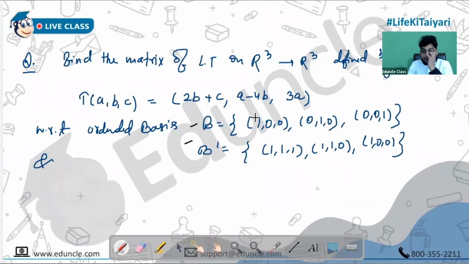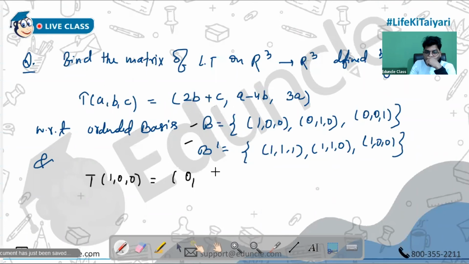How did you find out? See, left hand side is called B. Okay. So T of 1 0 0, what is this? That is 0 1 3. Yes or no? And this you have to write down as a linear combination of B dash.